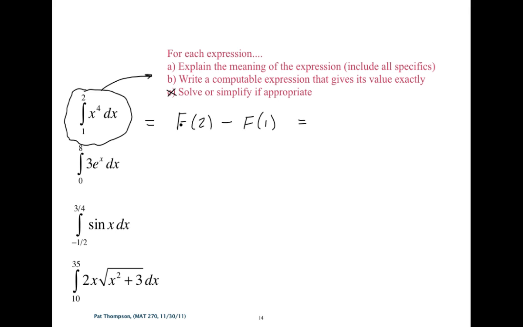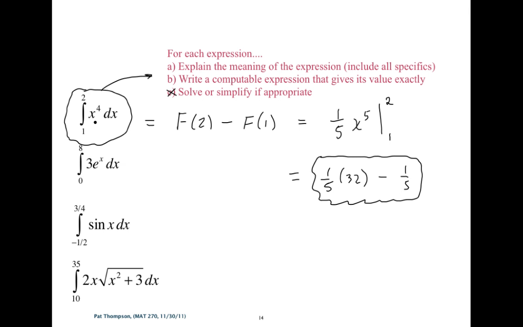The antiderivative will be the quantity function for the rate x to the 4th. One fifth x to the 5th has the rate of change x to the 4th, and that's our quantity function. So we find it at 2, the final value of the quantity, and then the initial value of the quantity at 1, and subtract. That is the total change of the quantity from 1 to 2 with a rate of change of x to the 4th.